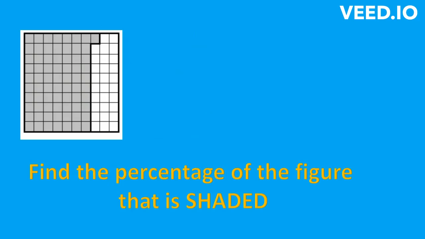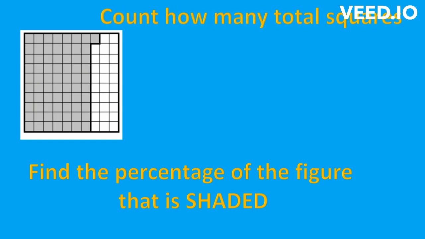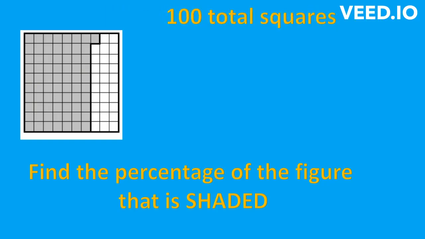Find the percentage of the figure that is shaded. So we have 10 by 10, 100 squares here. Count how many squares are shaded. Of 100 total squares, 71 are shaded.